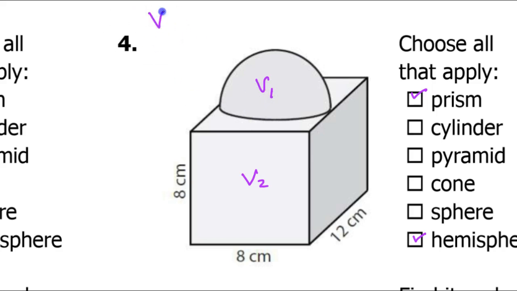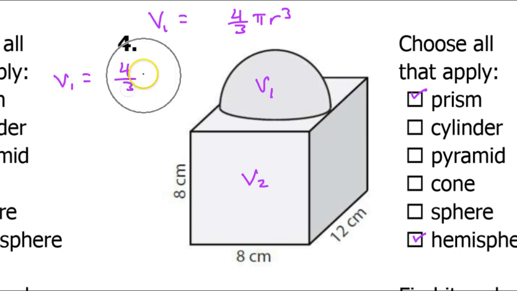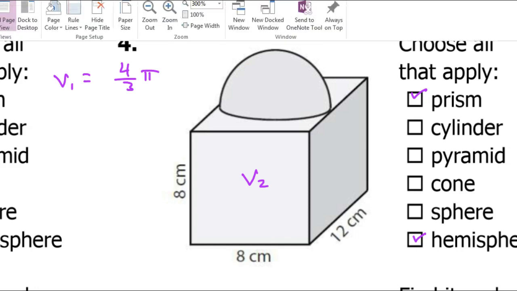The formula for the volume of a sphere is 4/3 pi times the radius cubed. So that would be 4/3 pi. Let's see, what is the radius of this thing? The radius goes from here to here. Hold on, I have to do that slightly better.